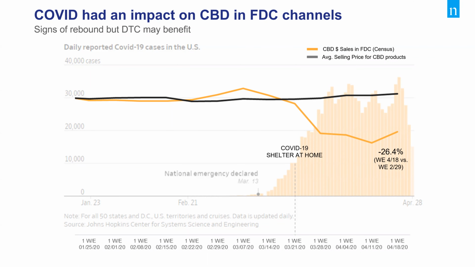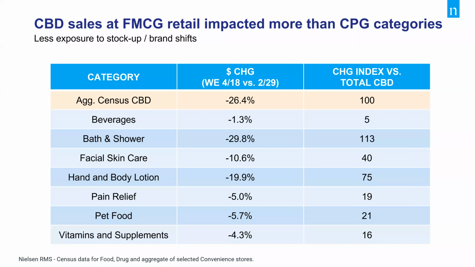So if you go to the next slide, what you can really see is that some CBD sales were actually more impacted than some of the other CPG categories that Nielsen's measuring as well. So again, if we look at that sales decline, comparing the weeks 2/29 to 4/18, you can see that some of the more lifestyle items that probably aren't as essential, like bath and shower CPG products, declined more than the aggregated CBD decline across all those channels.